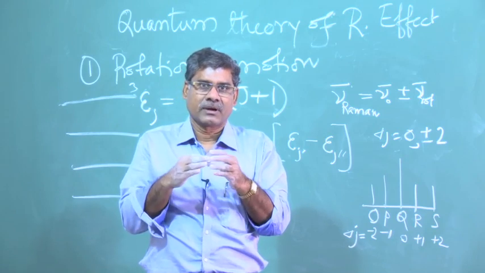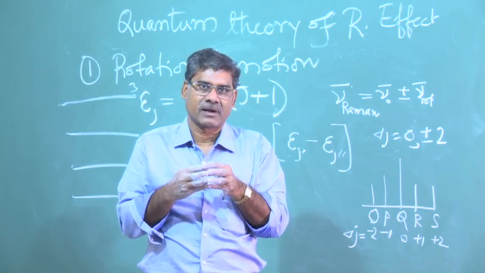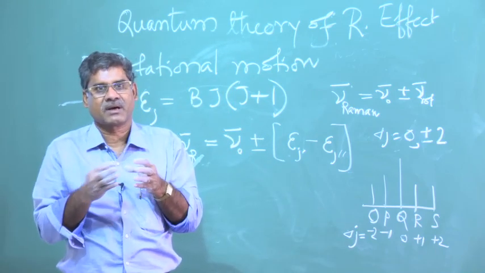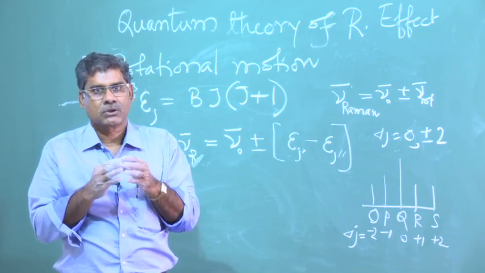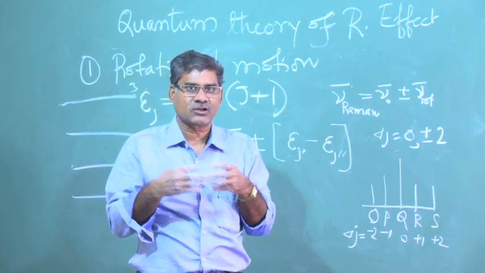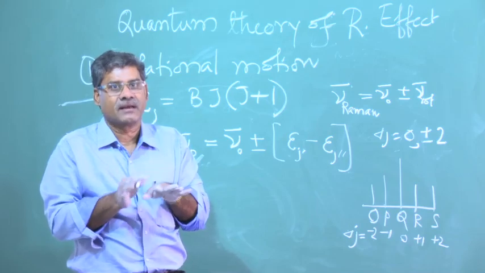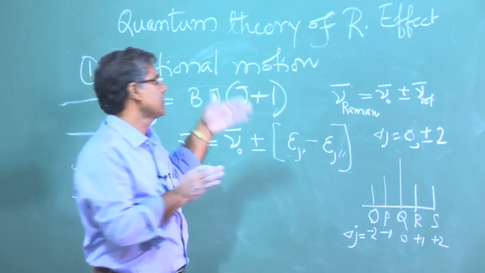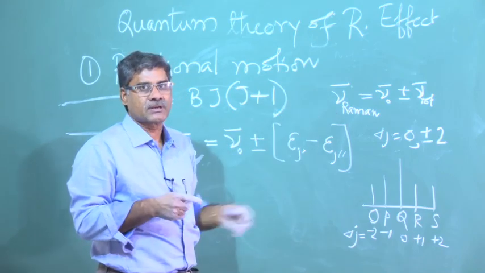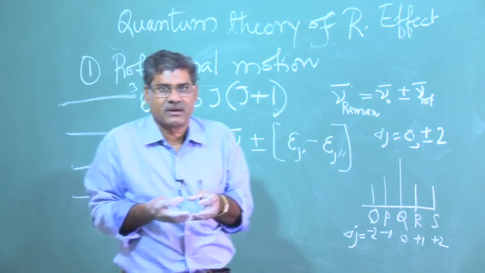But it depends on the direction of the electric field and the axis of rotation of the molecules. So, due to this anisotropy in polarizability, the situation is different in Raman scattering than in microwave, the pure rotation we have seen. Here there is an effect of incident light.